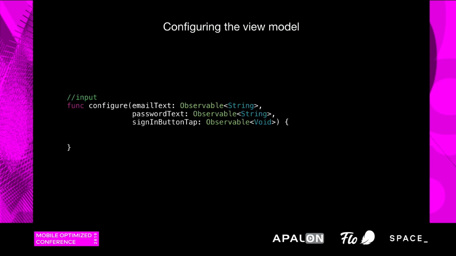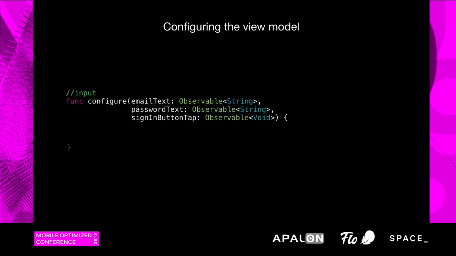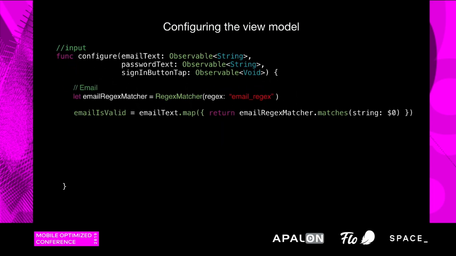So, the configure method of the view model gets the inputs from the view controller. And we'll see how the view controller generates those inputs. And the view model tries to generate the outputs. And how does it do that? So, it creates emailIsValid, which is an observable of type Boolean.